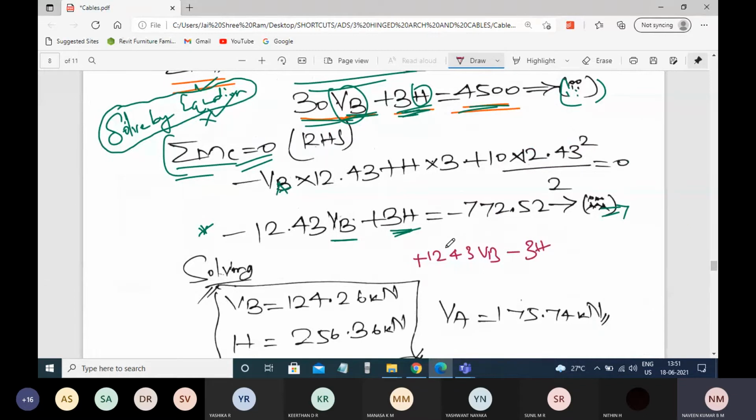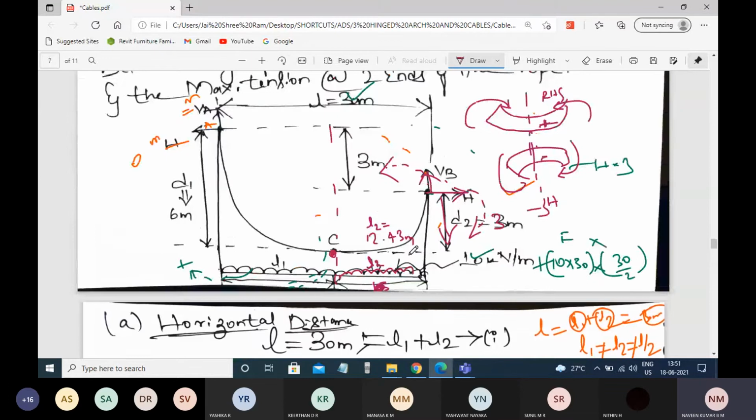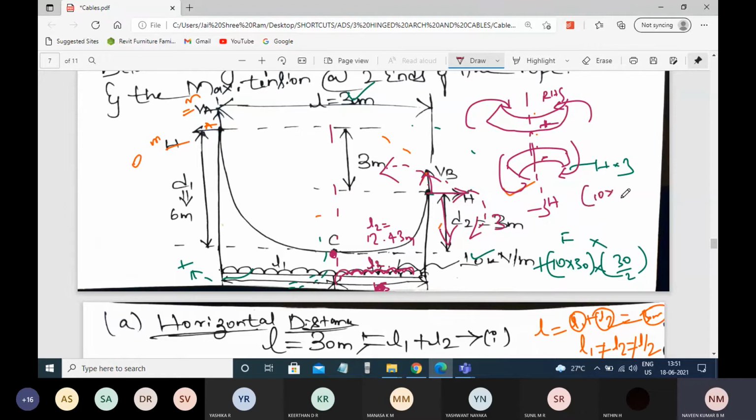Next, moving over here, UDL of 10 kilonewton, and the length of UDL, it is 12.43 is the load. The perpendicular distance will be again half of the length of UDL, that is 12.43 divided by 2.